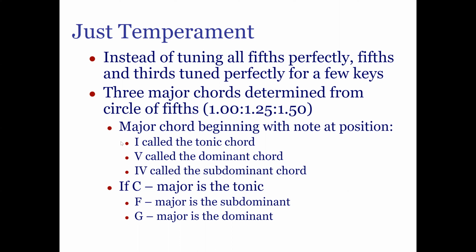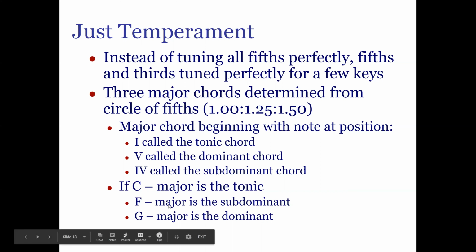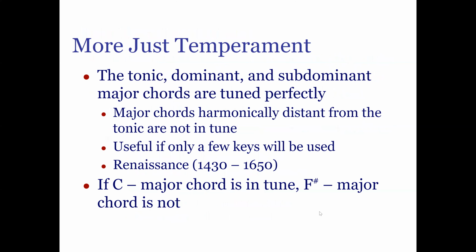If you're doing a major chord, your tonic chord, that's the bass note. The dominant chord is the fifth up, and then the subdominant is actually the fourth. So C to F is a fourth in that particular chord.